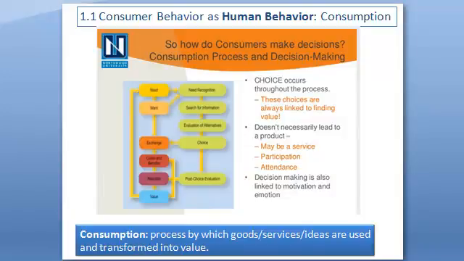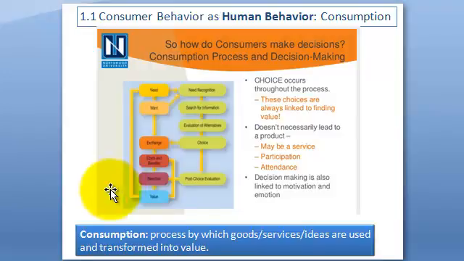So the first thing we have to understand, section 1.1, is we can study consumer behavior as human behavior. How do humans make that decision, going from recognizing they have a want or a need, doing some research around that want or need, making an exchange, which is where I exchange money or time or something for a product or service, and then going through some post-purchase activity to see if it really created value for me.